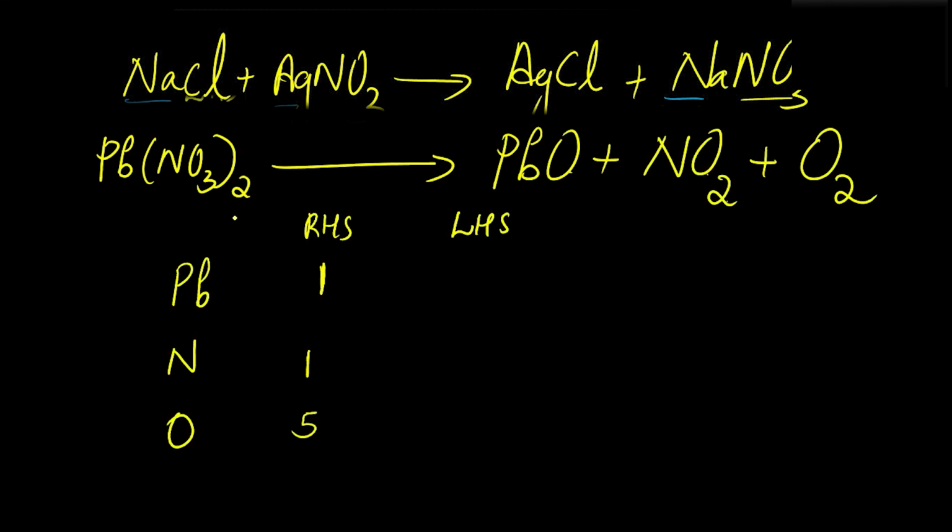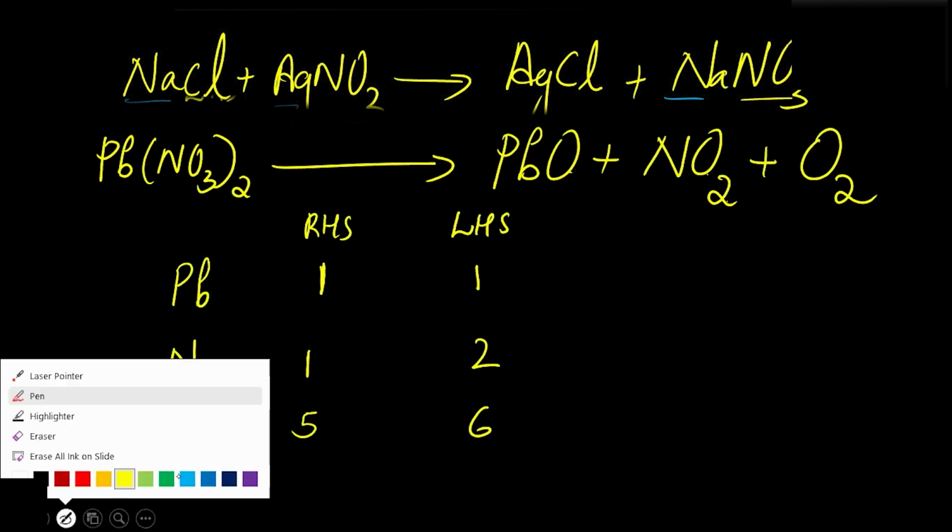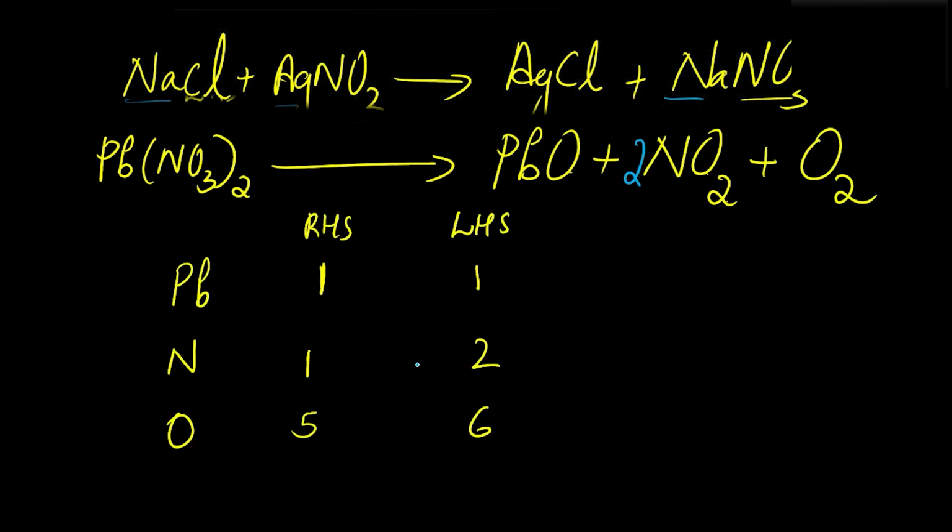And on the left side, nitrogen 2, oxygen 6. So it is very easy to balance this nitrogen, right? So put a 2 here. So nitrogen becomes balanced, but on the right side oxygen is now 2 times 2, 4, 5, 6, 7.